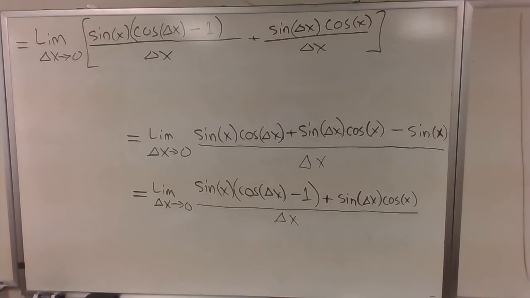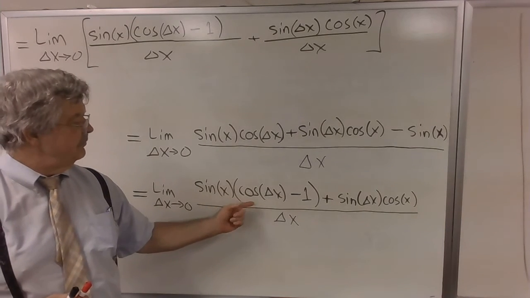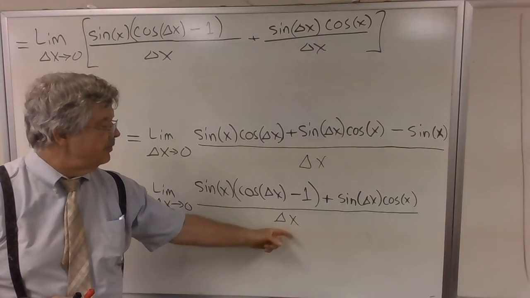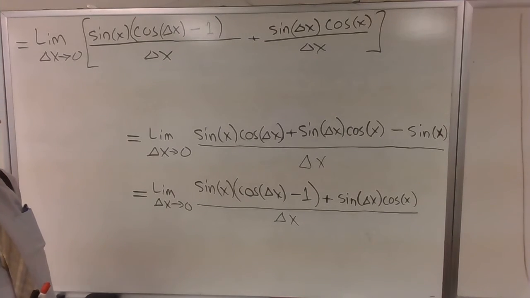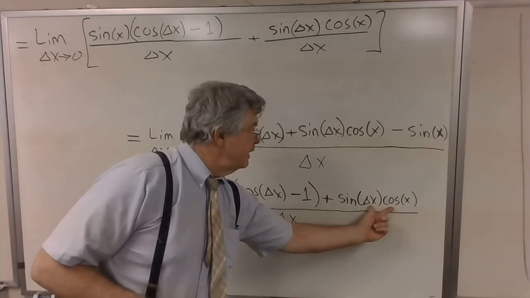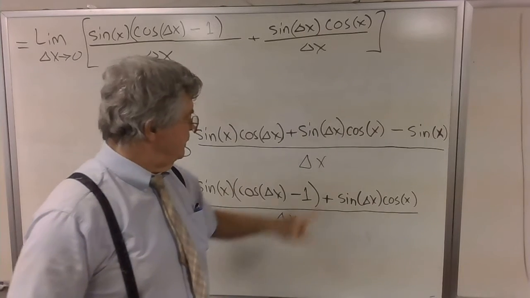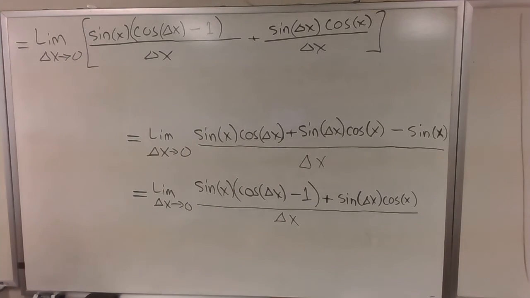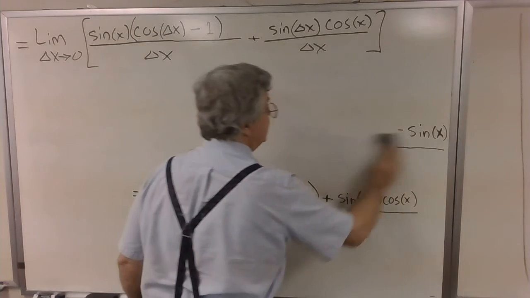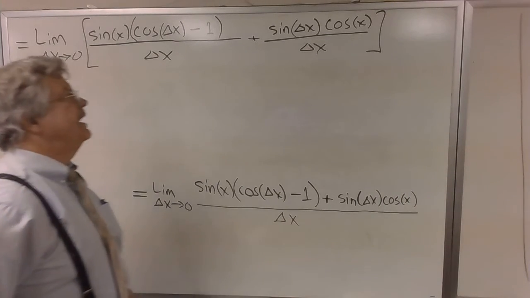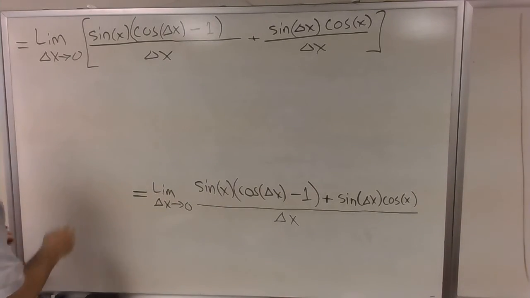There, let's just make sure that I did it right. Sine of x times cosine delta x minus 1 over delta x, yep. And sine delta x cosine of x over delta x. Yes, beautiful. Okay, I can actually see how this is going to turn out now.